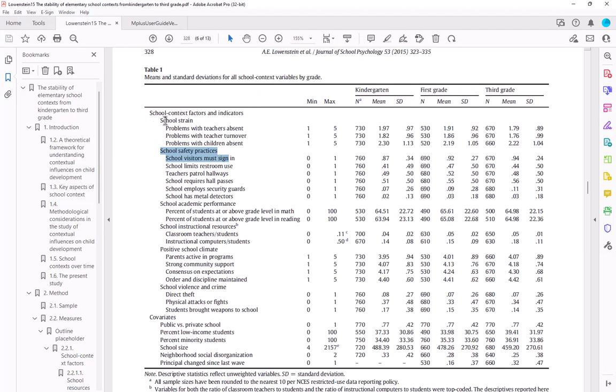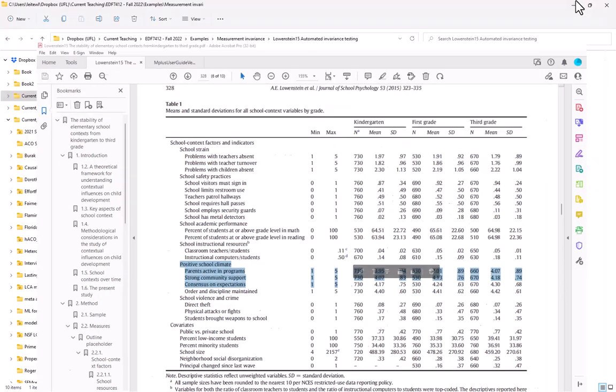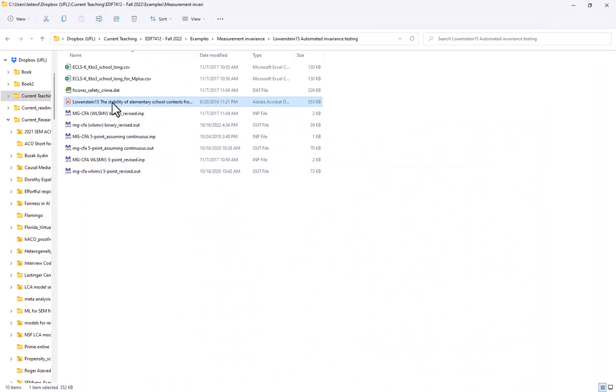So for example, school strain has 5 categories, and positive school climate also has 5 categories. Okay, so I will run first invariance testing treating these variables as categorical, which is preferable.